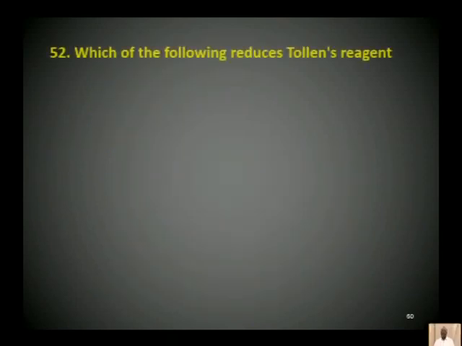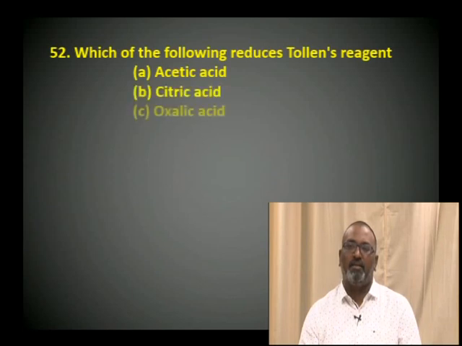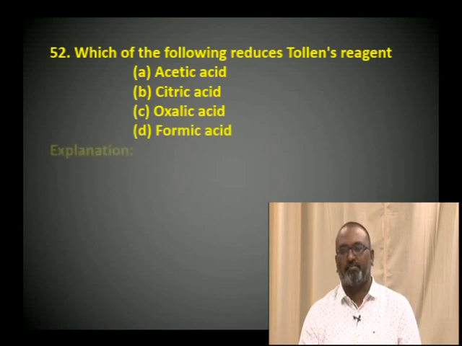Question number 52. Which of the following reduces Tollens reagent? Acetic acid, citric acid, oxalic acid, or formic acid? Already, when we were discussing aldehydes and ketones, we came across the word Tollens reagent.